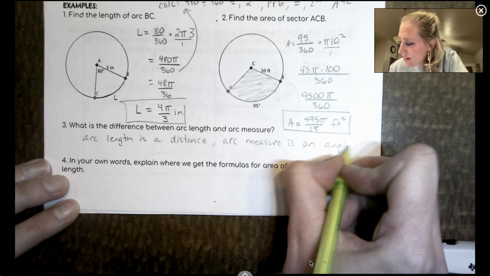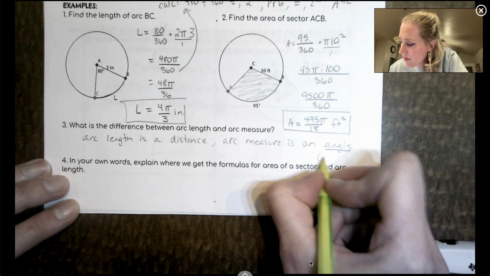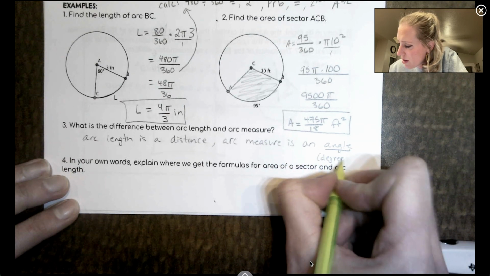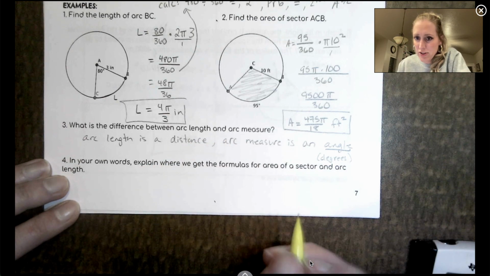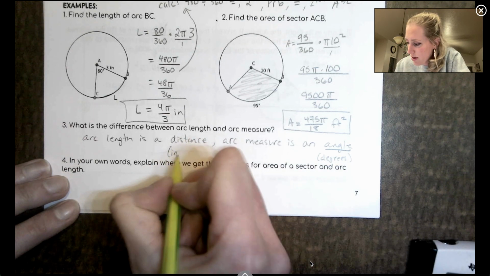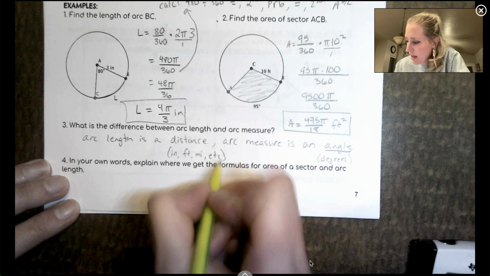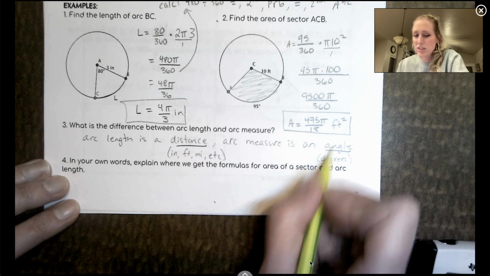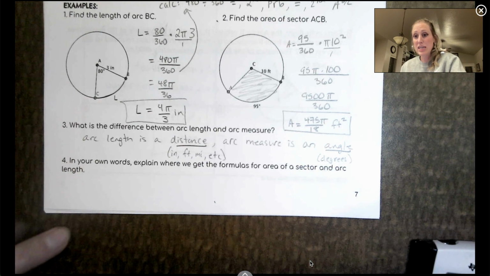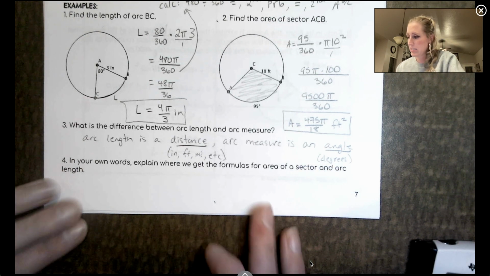So that is the difference. This one's going to be in degrees. This one is another distance unit like inches, feet, miles, etc. So that's the difference: distance versus an angle. Arc measure is an angle, arc length is a distance.